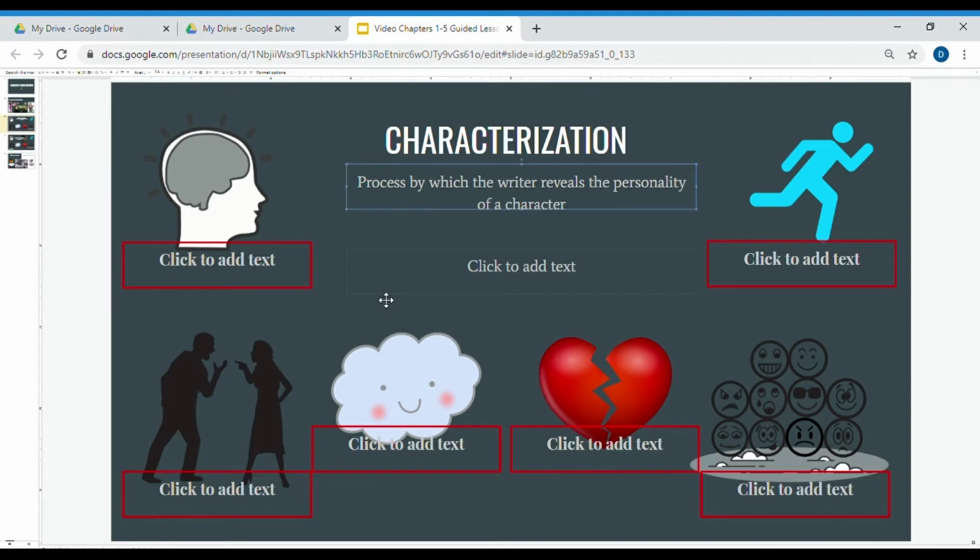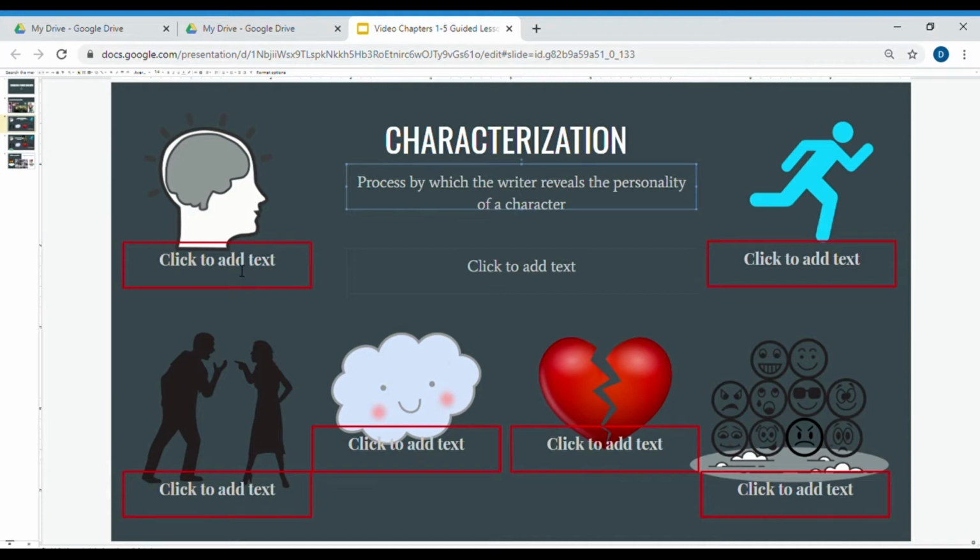So, as a writer is revealing the personality, we can see 6 factors that they use to reveal a personality as you're reading about a specific character.